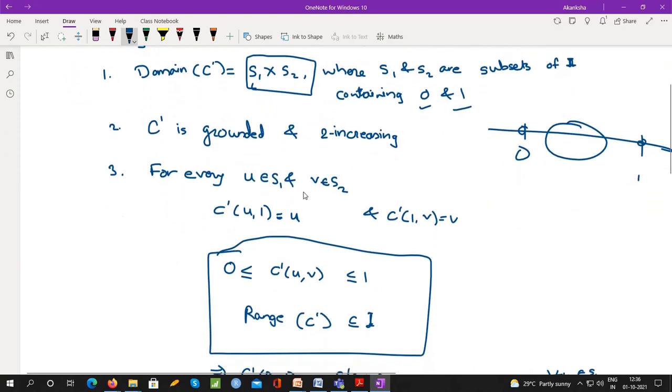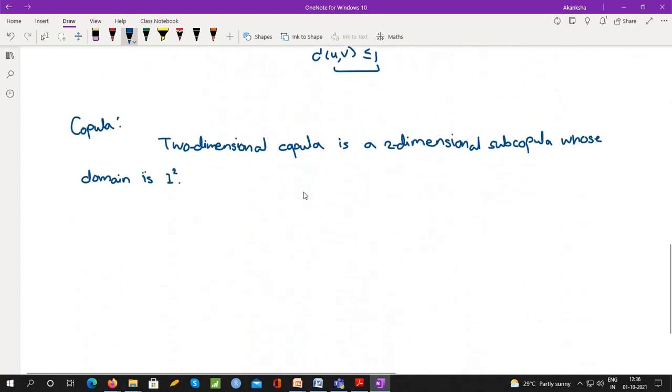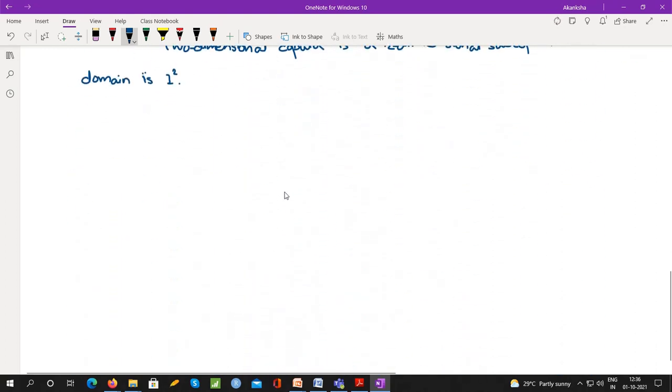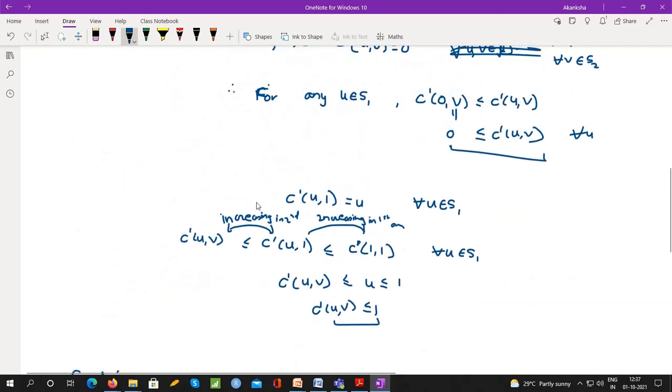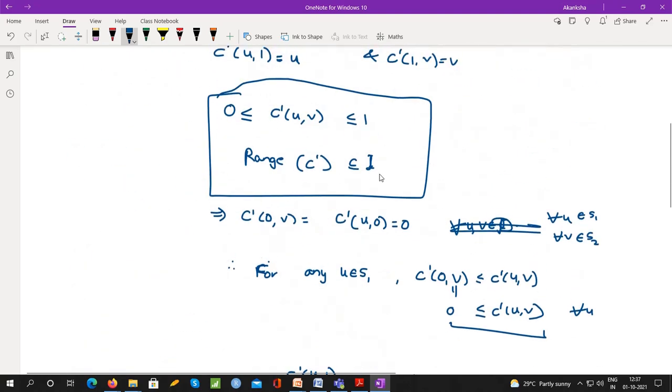In general, if I want to list again the properties of copula: subcopula is denoted by C prime, copula is denoted by C. So C is a function from I2 to I, correct? Its domain is I2 and its range is I, because we already proved that the range of subcopula is I and copula is also a subcopula.